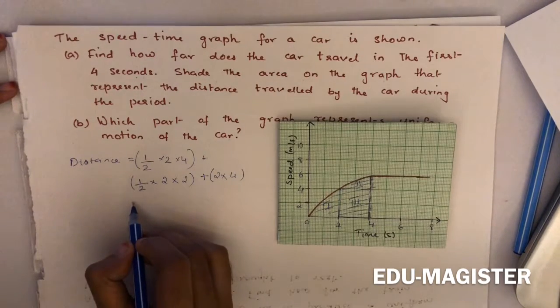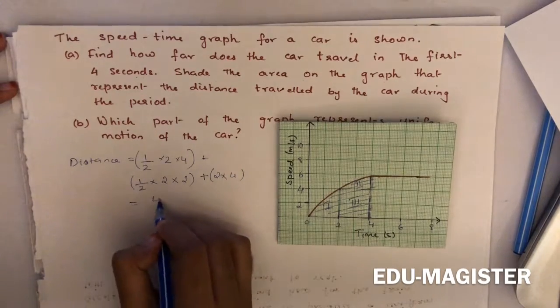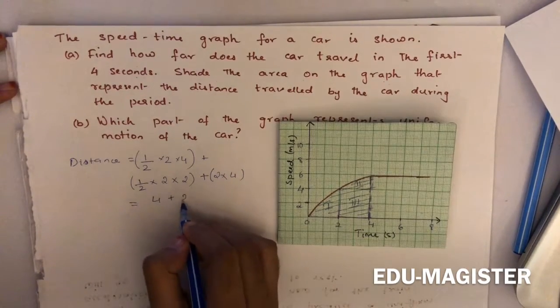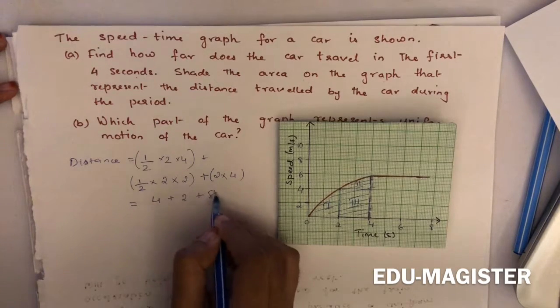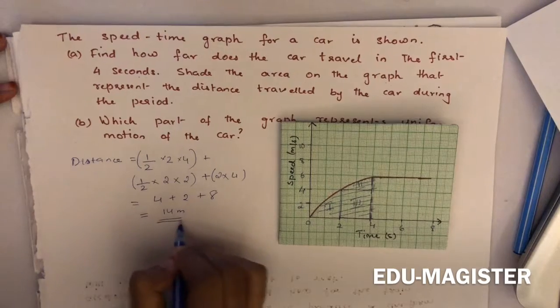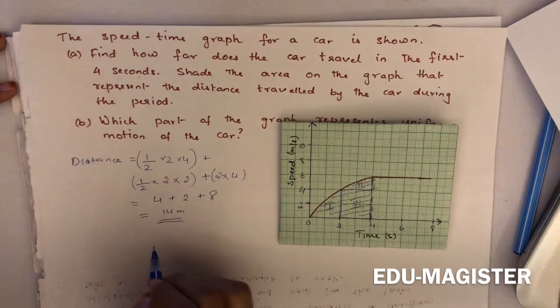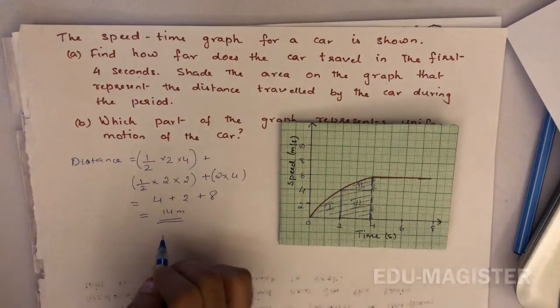Now, if I calculate this, that is 4 plus 2 plus 8, my answer will be 14 meters. So, the distance covered by the car during the first 4 seconds is 14 meters.